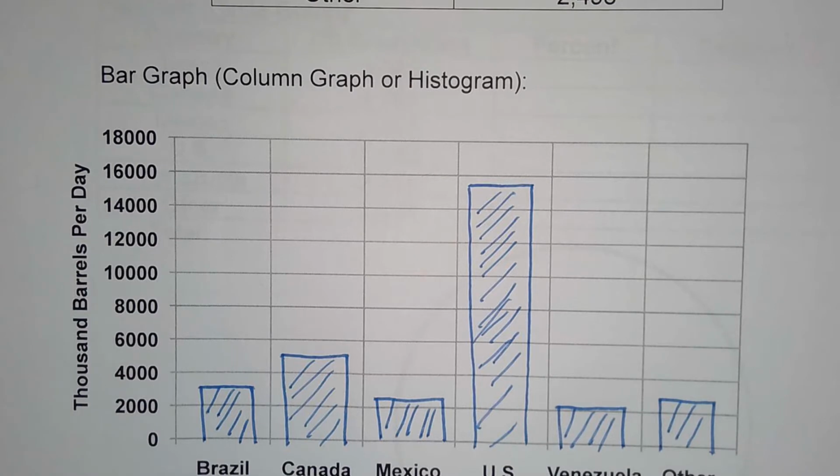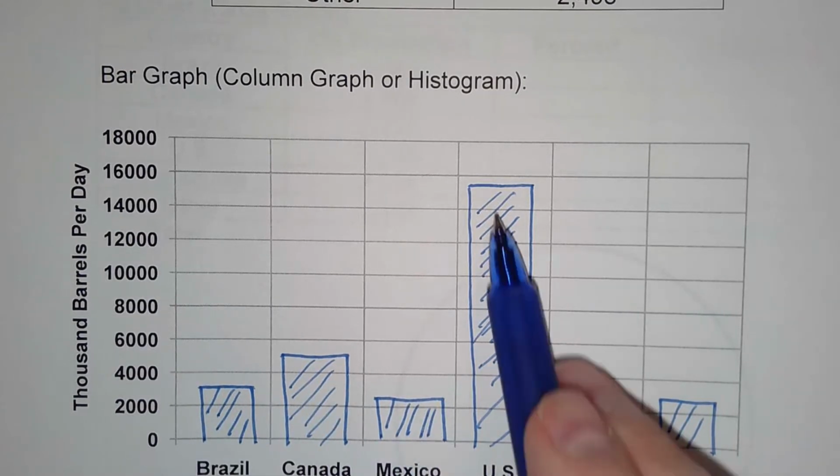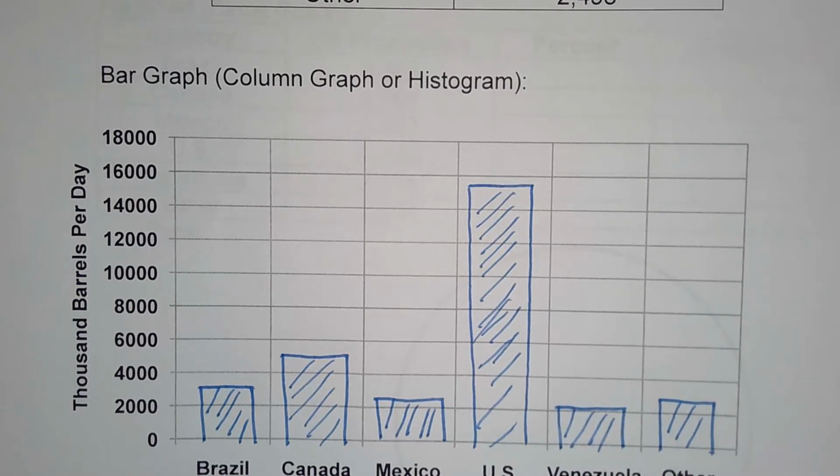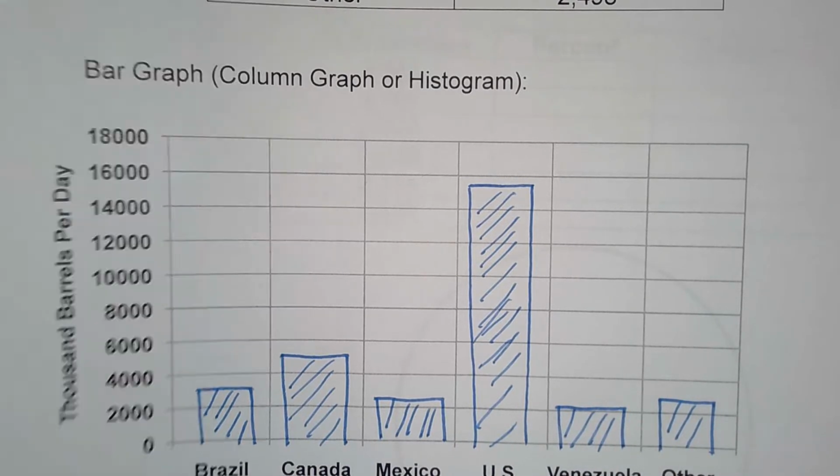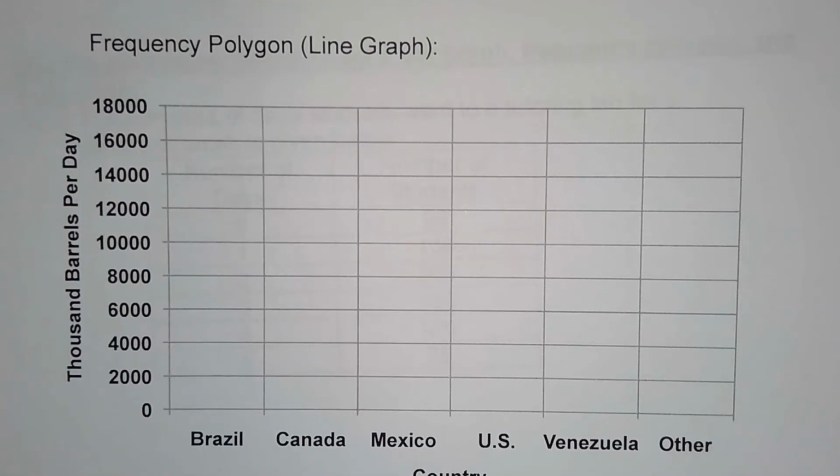Now we're going to do the same thing, except when we're doing a line graph or a frequency polygon, instead of using bars, we're going to be putting dots. And then we're going to be connecting the dots. So here we're going to do the exact same thing, but now we have dots.